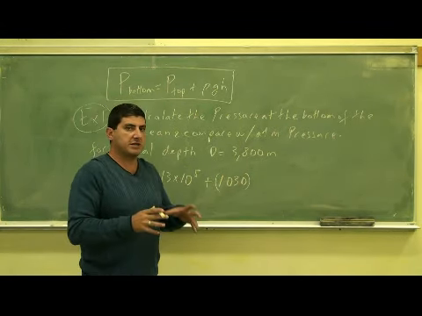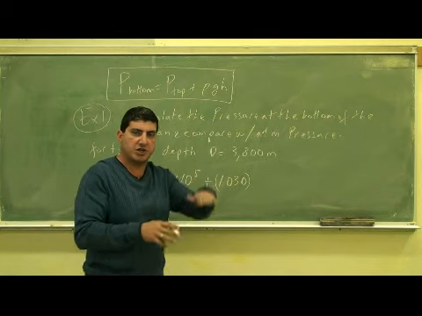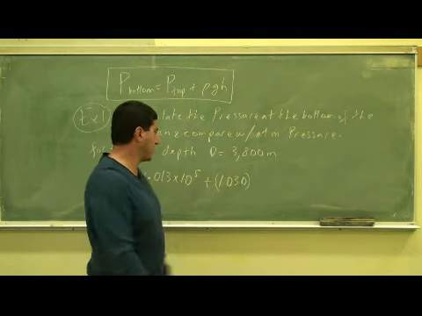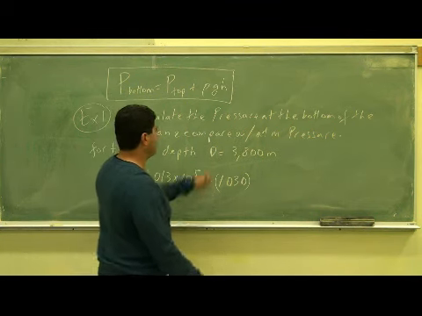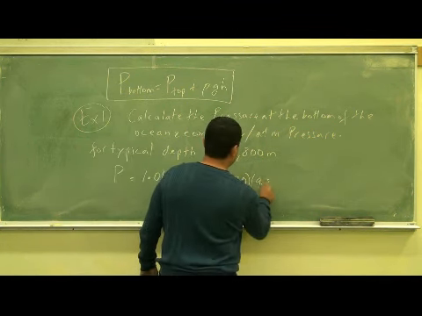I'm assuming here again that the density doesn't change as you go down. The density of water stays the same. So you have 1,030 kilograms per meter cubed. The g is 9.8, and g doesn't really change much over the depth of the ocean. And then for the h here, you put the depth, 3,800.